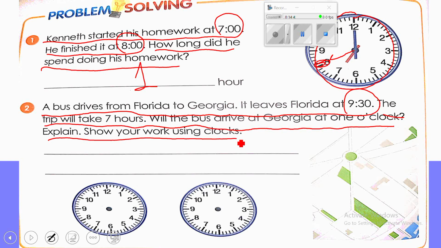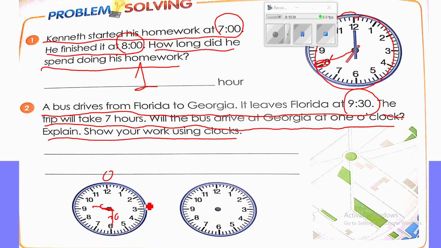So, the starting time is 9:30. So I remember 0 up, 30 down. So 30 should be down on 6. And 9, the hour hand, is between 9 and 10.